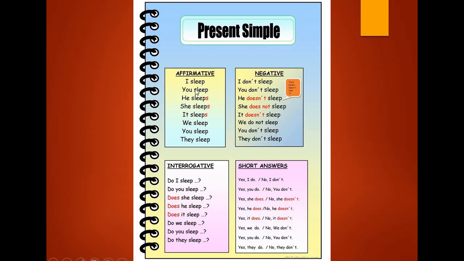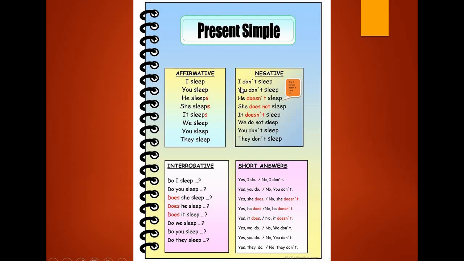So I sleep, you sleep, but he sleeps, she sleeps, it sleeps. Okay? If I want to make a negative from the present simple, for the subjects that have no S with the verb, they take don't in the negative.